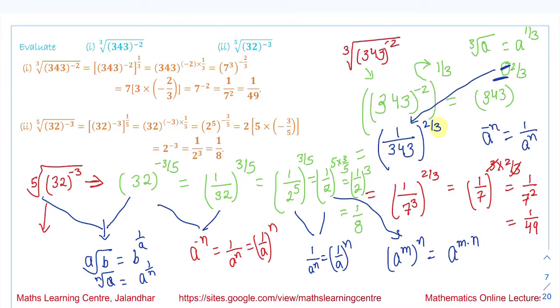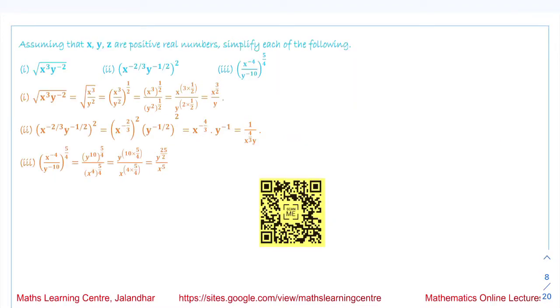Now in the next question, we have to simplify the given three terms. For the first term, we have the square root of x cube y raised to the power minus 2. First of all, we remove this negative sign from the power.